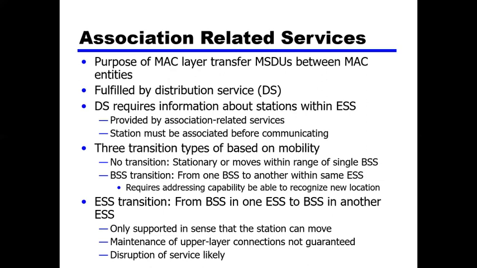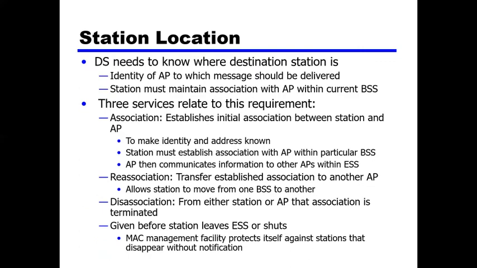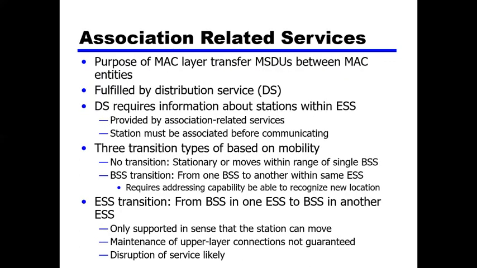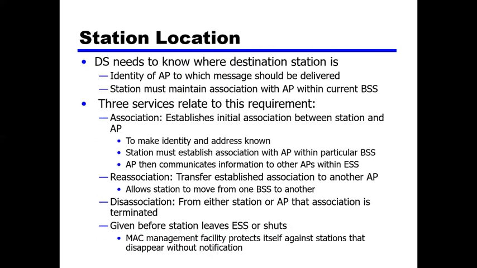ESS is extended service set. ESS transition: from a BSS in one ESS to a BSS in another ESS. This is supported only in the sense that the station can move, maintaining upper layer connections is not guaranteed, and disruption of the services is likely.